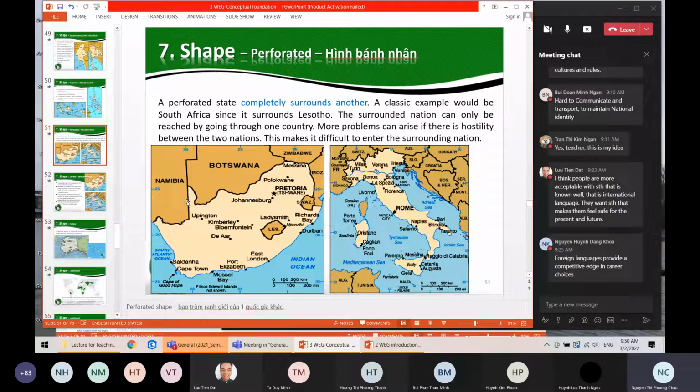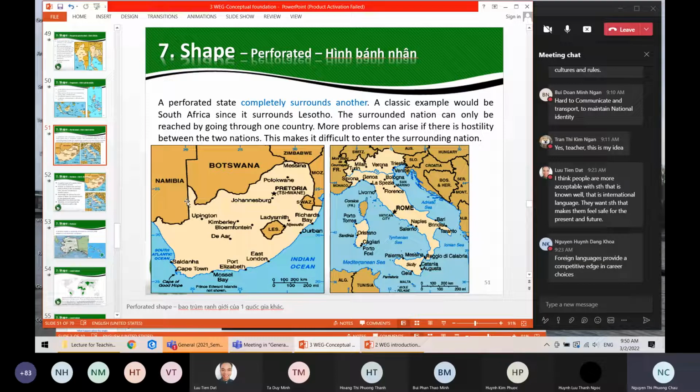But if the smaller one has some problems, like conflict within a nation, then the bigger one like South Africa may have some impact.